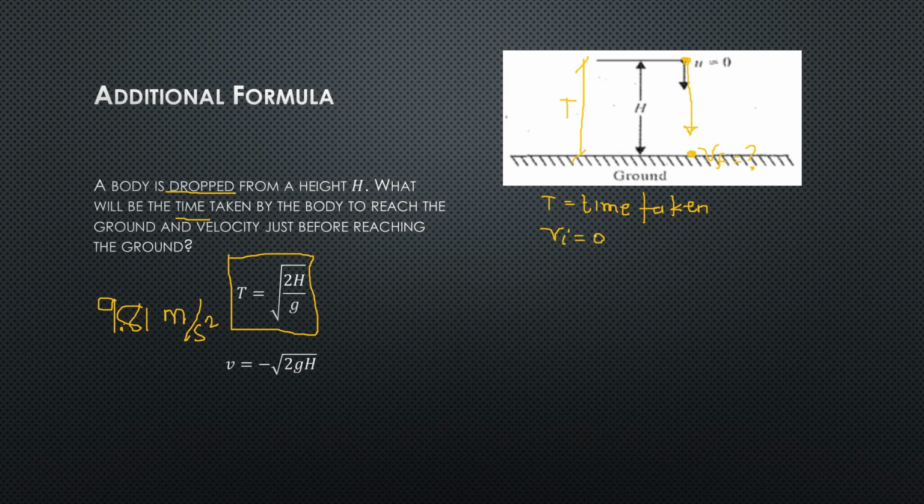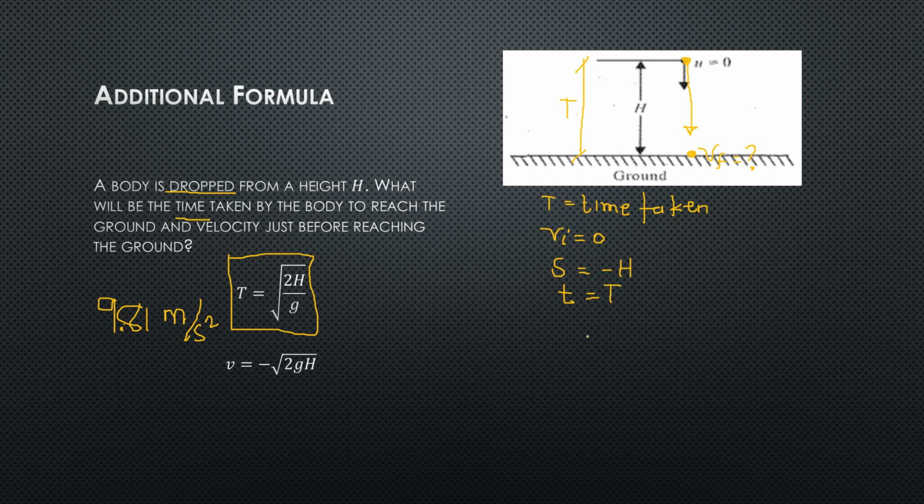That is at rest. There is no force applied. You simply drop something. Okay. Then the displacement s just before reaching the ground will be height, and that is below the initial position. So I would suggest this is negative h. Recall sign convention. Okay, and then time taken represents t.